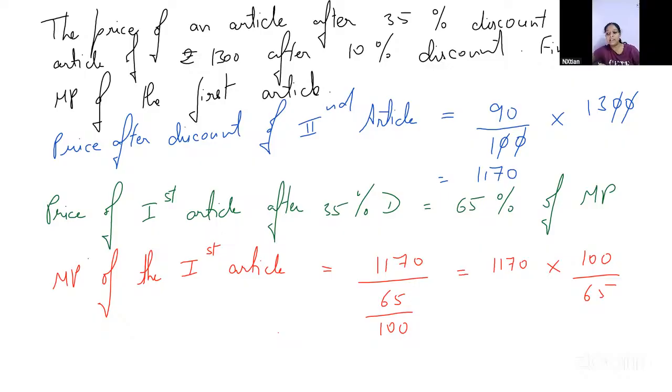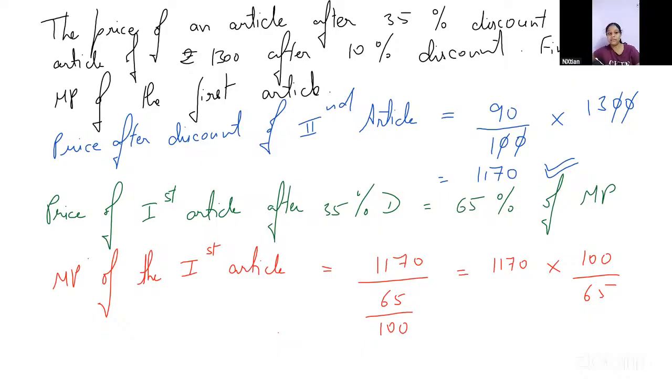And it is saying that it is equal to the second article after discount of 10%. So that is why we are taking the after-discount price of the second article, to find out the market price of the first article, to find the 65% portion of the first article. That is why 1170 by 65%.